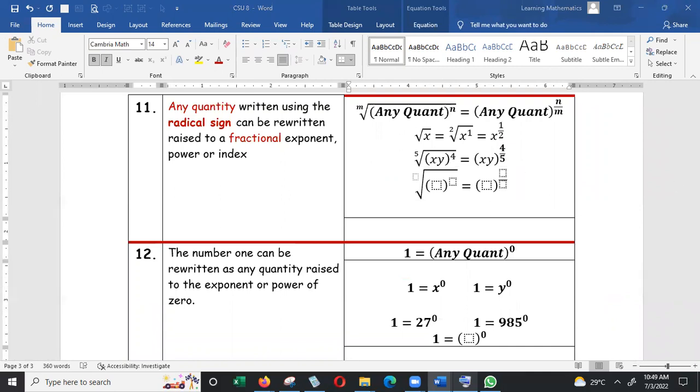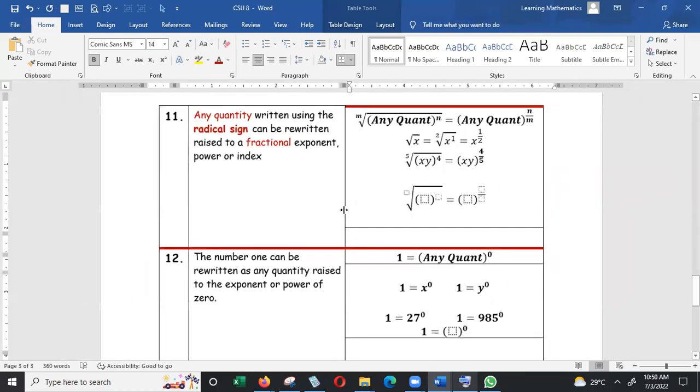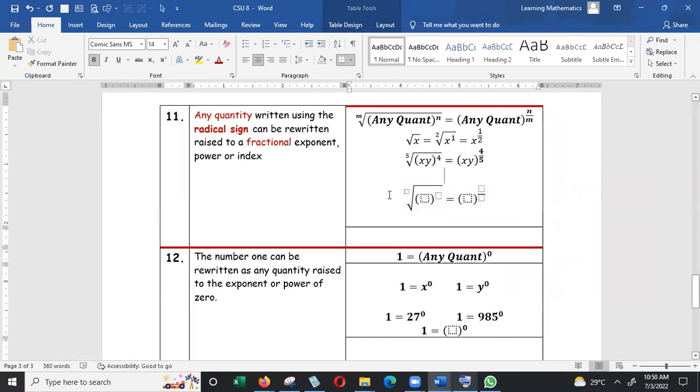You can make up your own example, put anything in this blank bracket there. You can put any quantity here, any power, any degree, and rewrite it using your numerator and your denominator. So likewise, 1 is equal to any value raised to the power of 0. Okay, you can do that for practice.